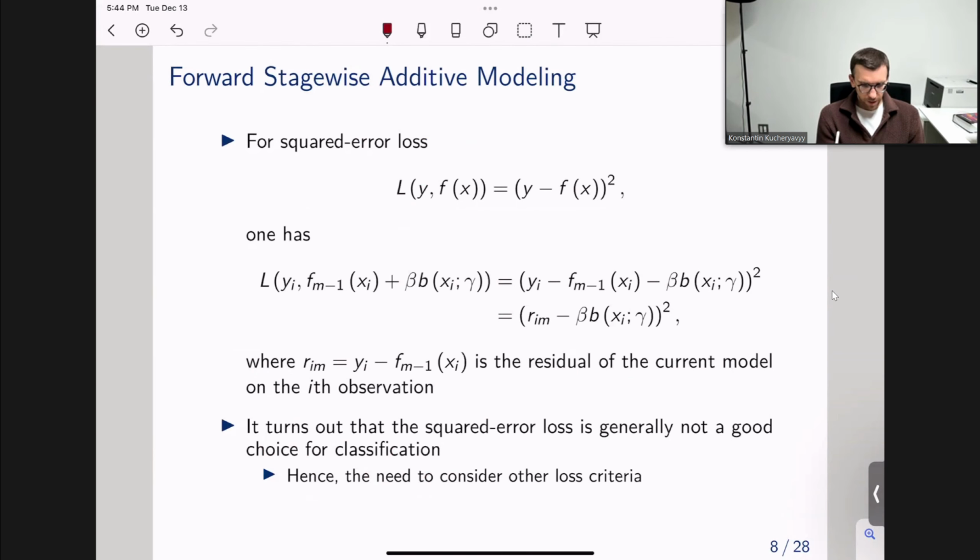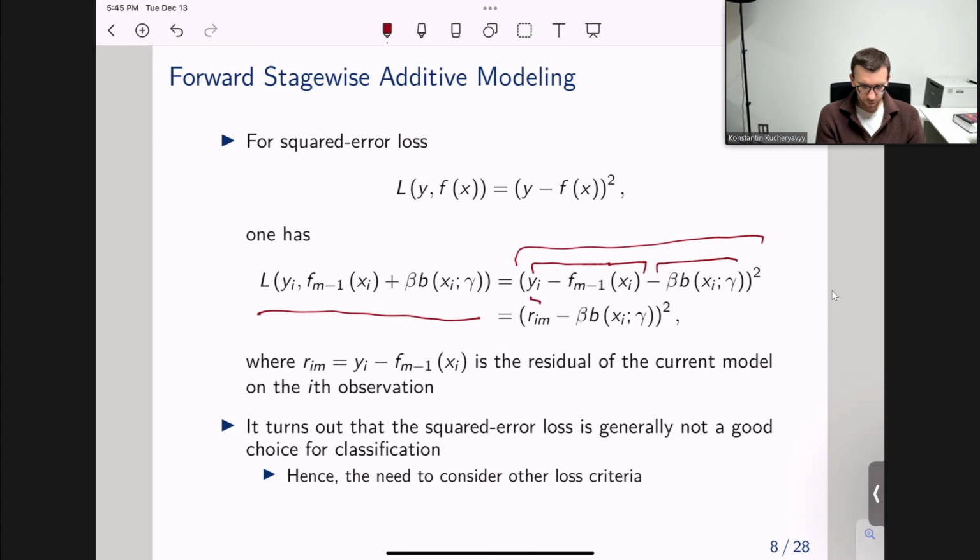Now, it helps to think about forward stagewise modeling in terms of, say, squared loss, which, if we're dealing with regression problems, is the most commonly used loss function. So in terms of the squared error loss, this loss function would look like so. And then we can write it as this part minus this part.